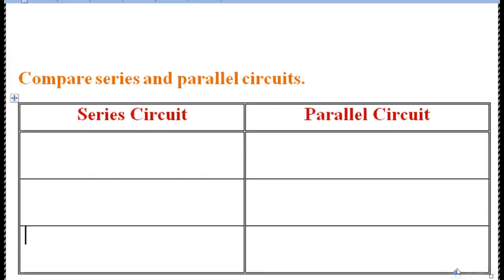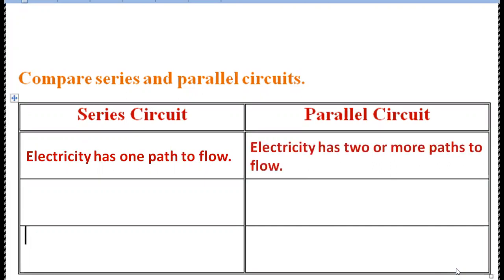Now the next question is, compare series and parallel circuit. So first of all, series circuit. In a series circuit, electricity has one path to flow. In parallel, electricity has two or more paths to flow.